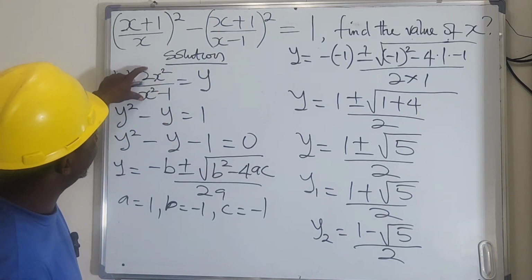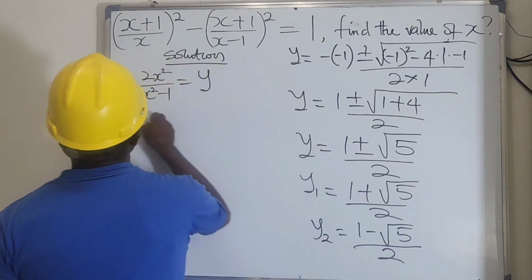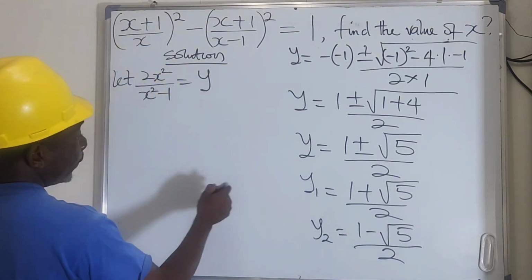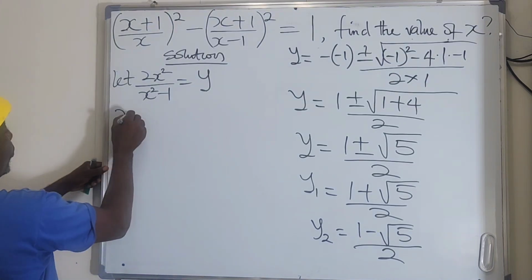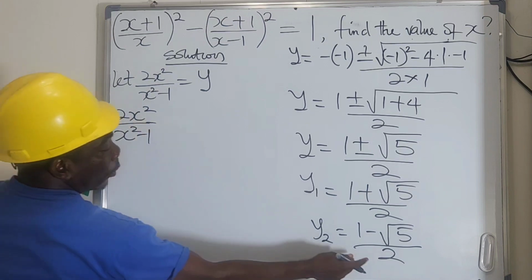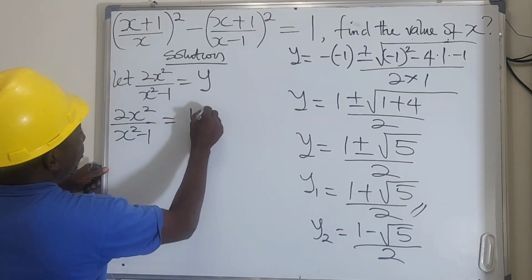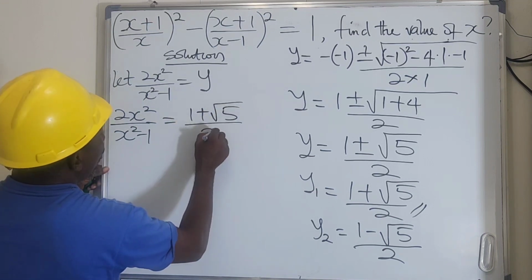So we are going to substitute this into where we have y. So as we said, this will become 2x squared all over x squared minus 1. We first take this one. It's going to equal 1 plus root 5 all over 2.